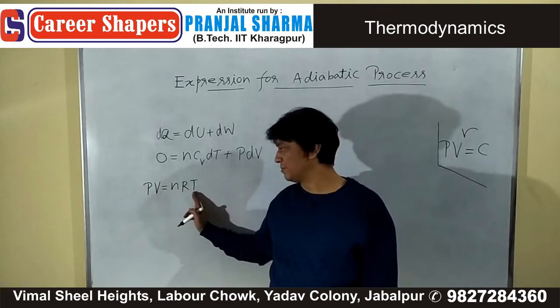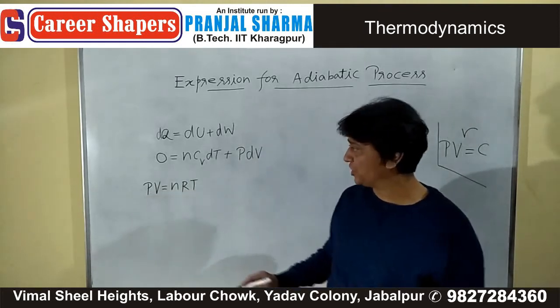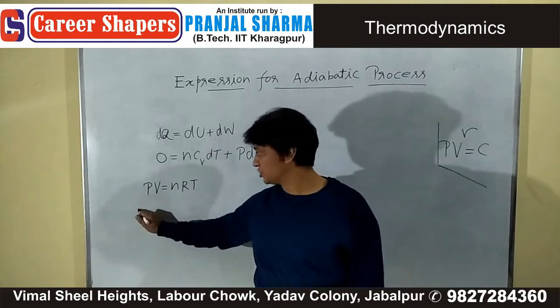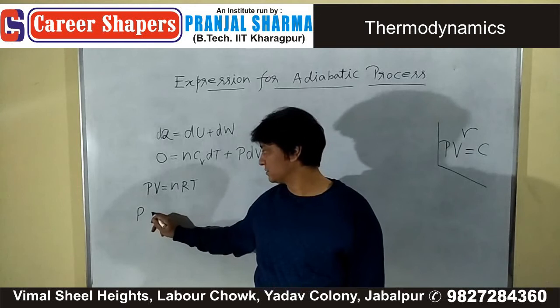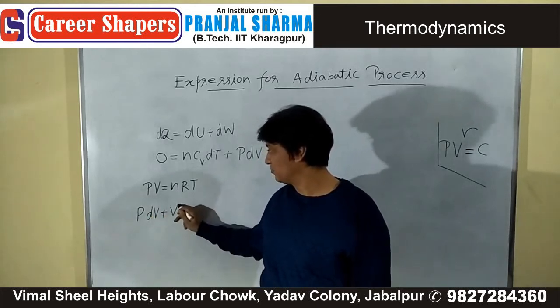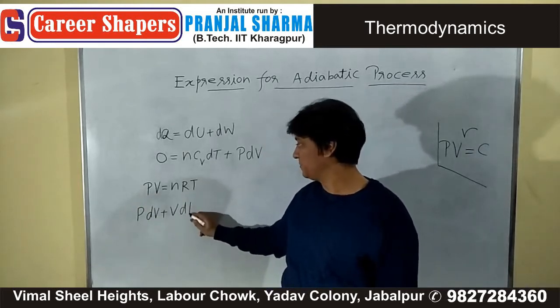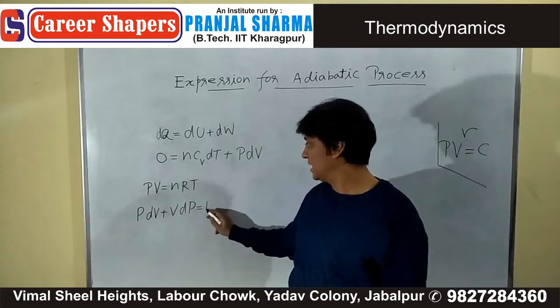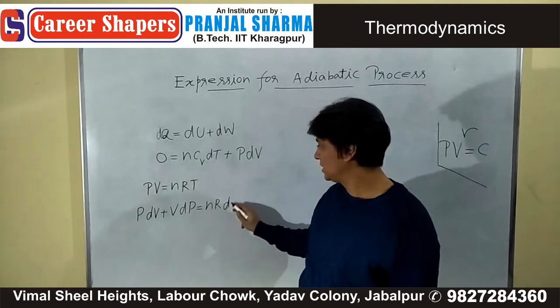Pressure, volume, temperature, they all are changing. And therefore, how do you differentiate this? First function, differentiation of second, dV, plus second function, differentiation of first, dP, and these are constants. Differentiation of T is what?